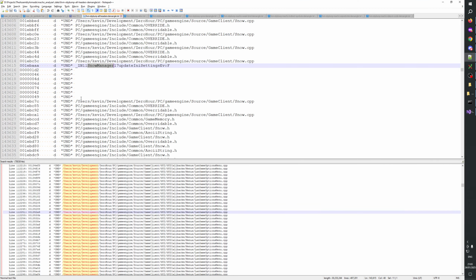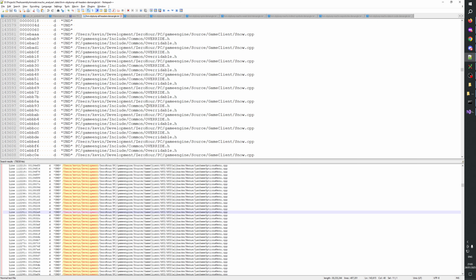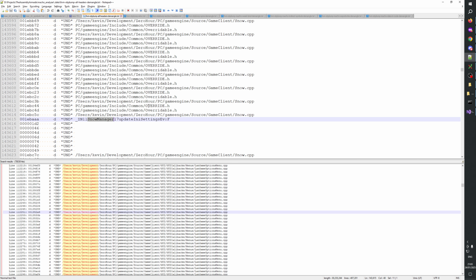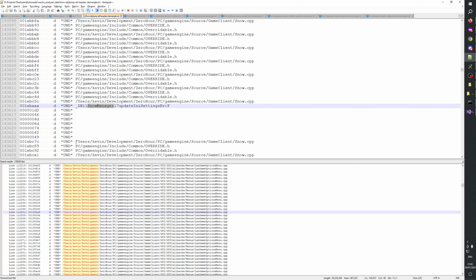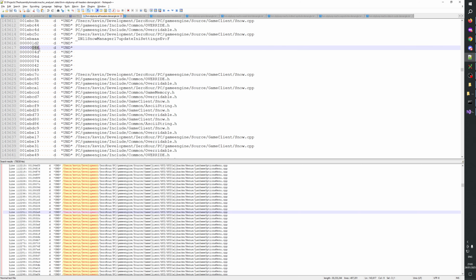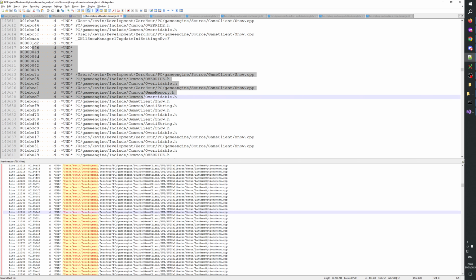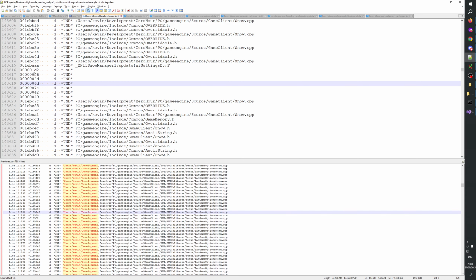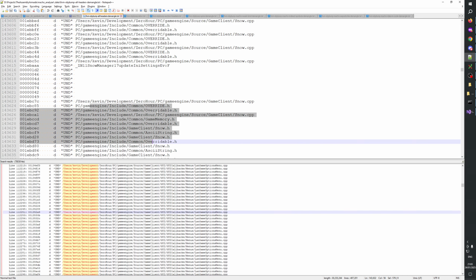I don't know how this would relate to anything. Maybe it's line numbers? No, that can't be. Or maybe? Could it be line numbers for something in here?